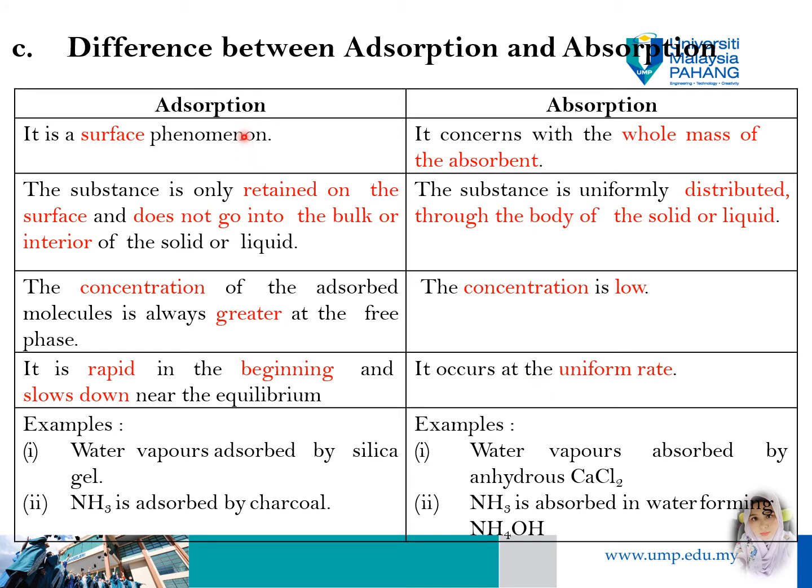The adsorption process involves exothermic reactions, while absorption involves endothermic reactions. Regarding the temperature effect, adsorption works at low temperature, while there is no effect of temperature on the absorption process.